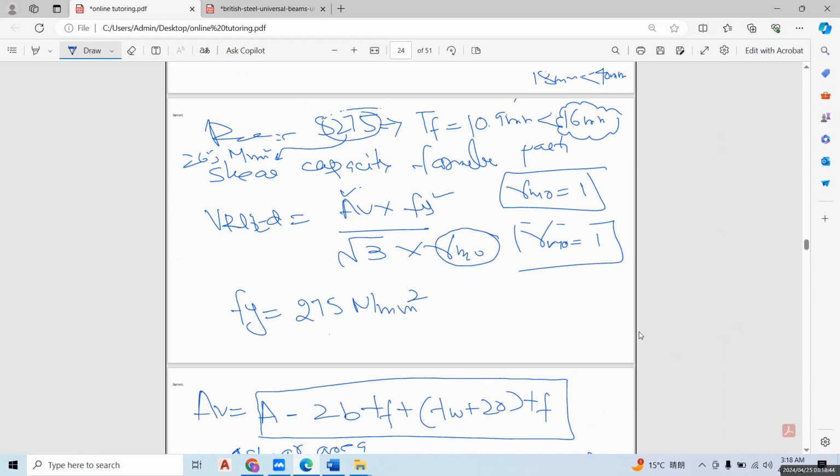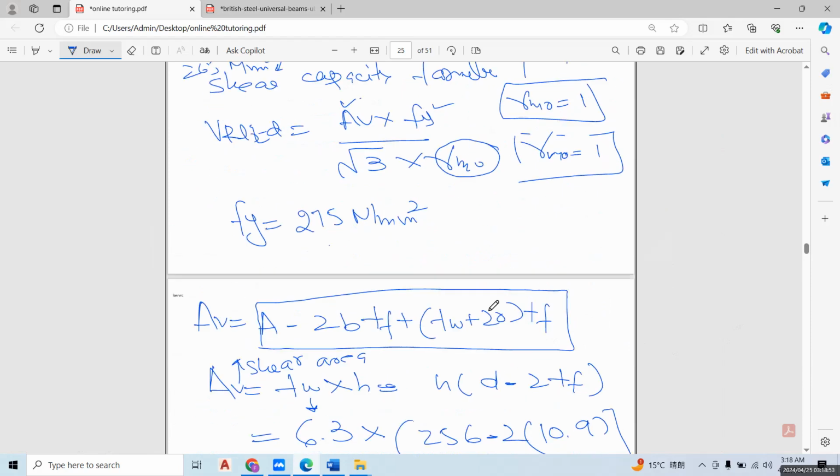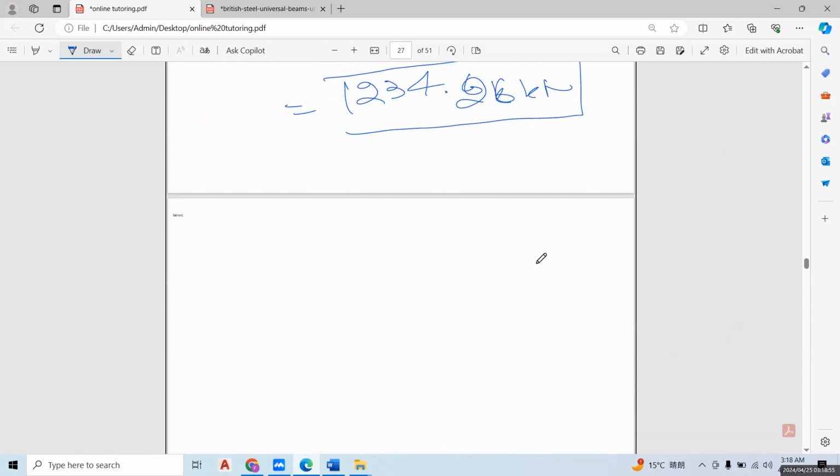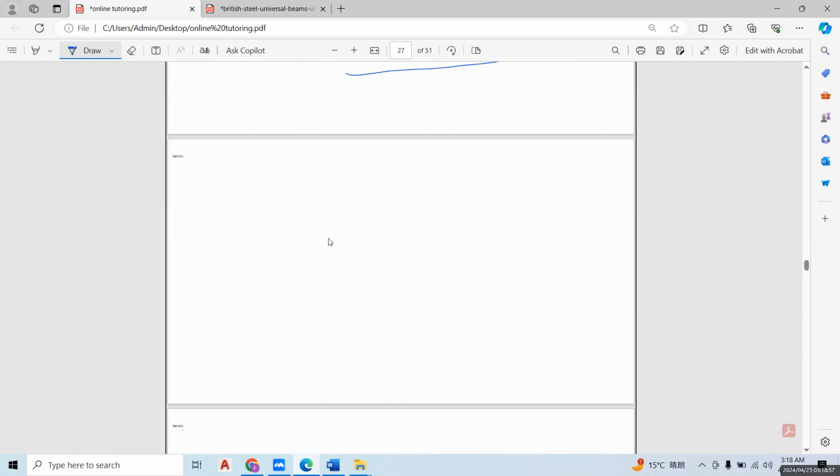What was TW again? TW is thickness of web. Let me show you. This is the UB section, like that.